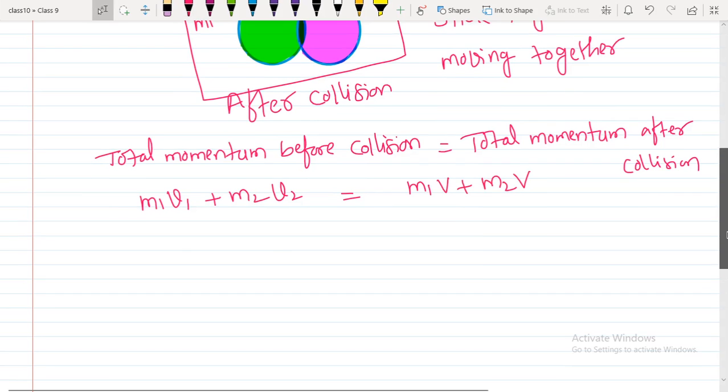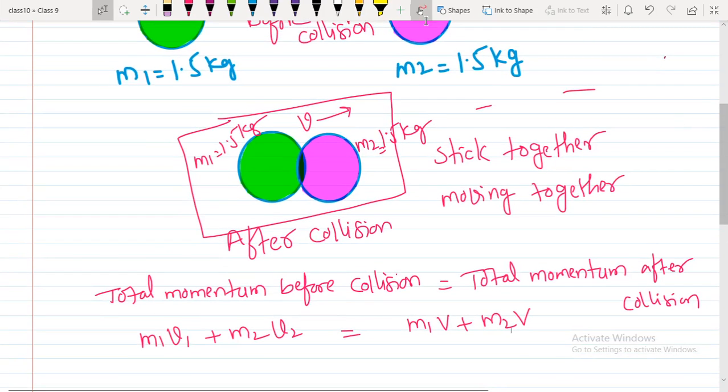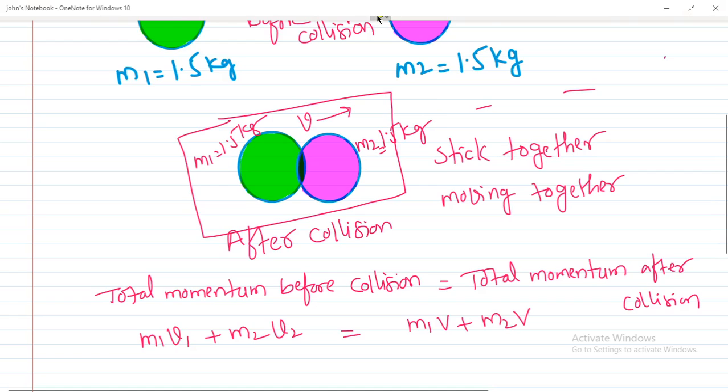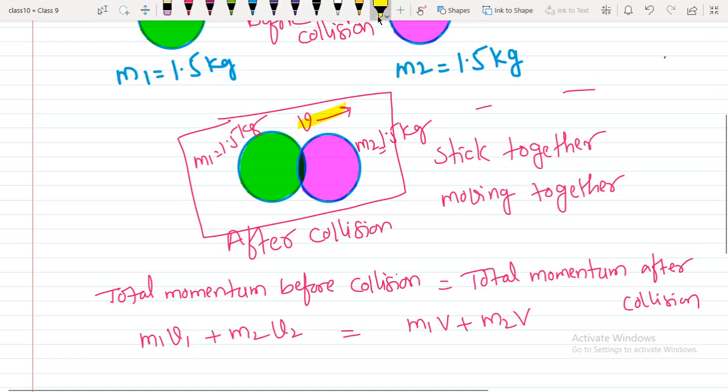Remember why I have taken this as v. v is the final velocity with which the object is moving. That's why their common velocity we have taken as v. m1 also has v as velocity and m2 also has v as velocity.